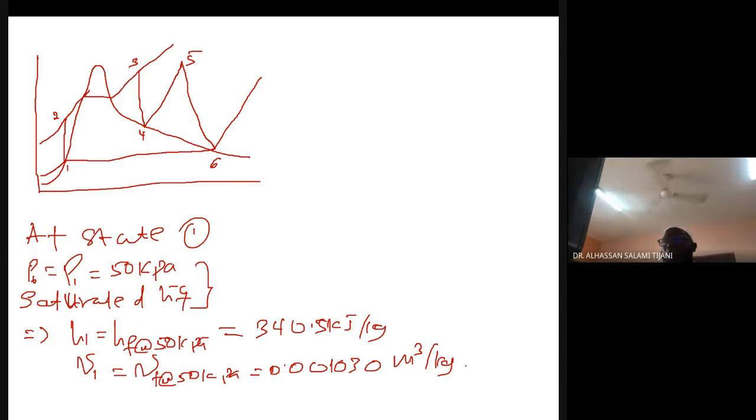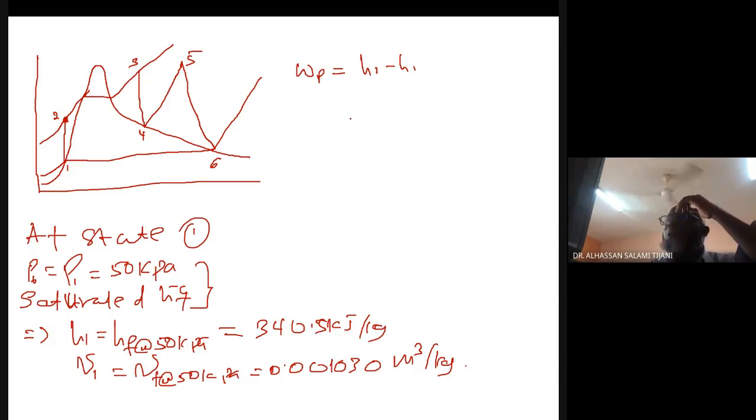Okay, so I think we will stop over here. And next time we are going to look for the properties at state 2. It is very easy. I've already told you last time that if you know the work done by the pump, W for the pump equals H2 minus H1.